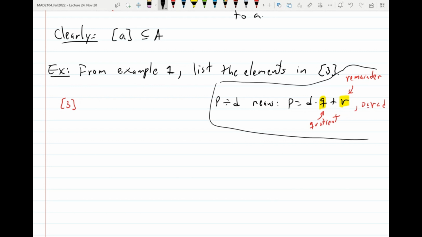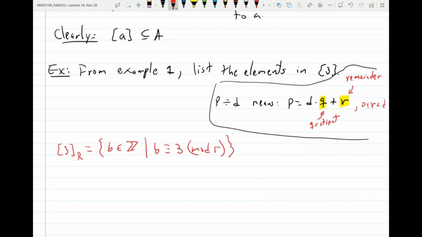So in this case, we want to figure out the equivalence class of 3, which means all the numbers that have the same remainder as 3 when divided by 5. That's our relation, right? So remember, the relation R here is the set of all integers B such that B is congruent to 3 mod 5.